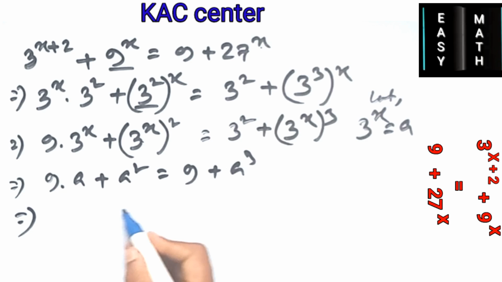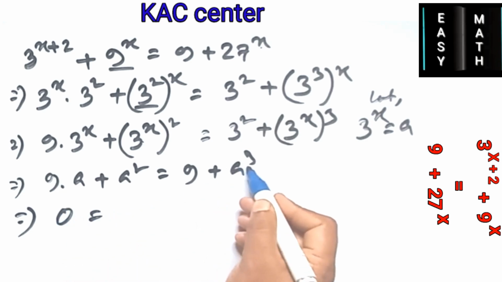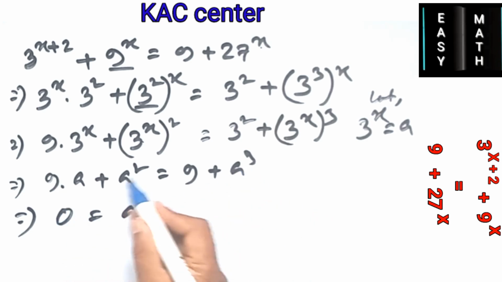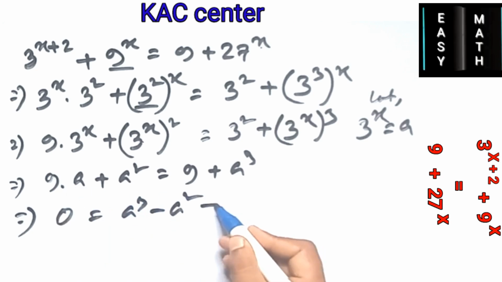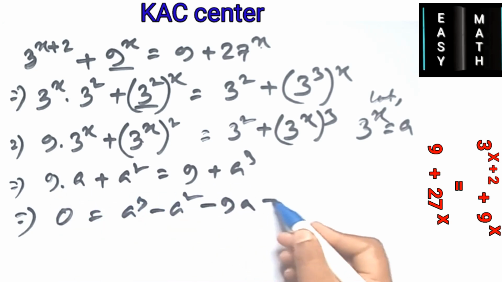So here we can write 0, this is a cubed, and this is minus a squared on this side, and this is minus 9a, and this is plus 9.